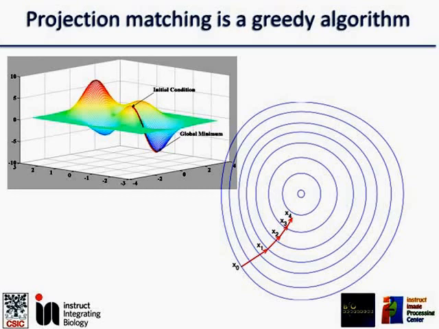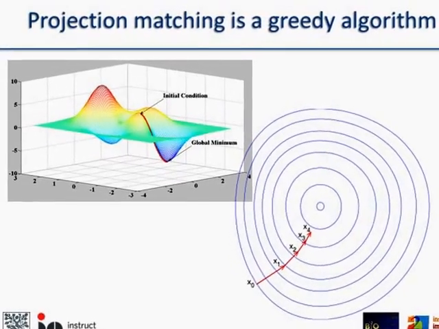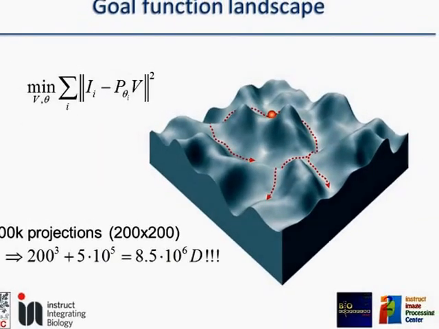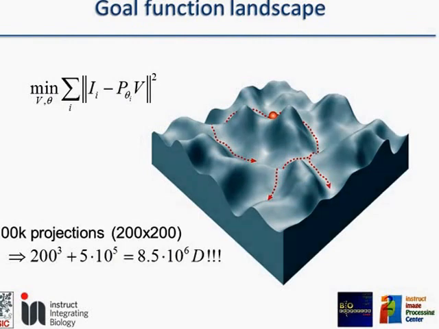This would be your goal function, and within your iterations, you start with your initial volume, then you modify your initial volume to a different volume, and then you further modify, and at the end, hopefully, you will converge to the global minimum. So the real life is that the goal function looks more like this. So there are a lot of local minima. You want to reach your global minimum, and there are different strategies trying to converge better to this global minimum.